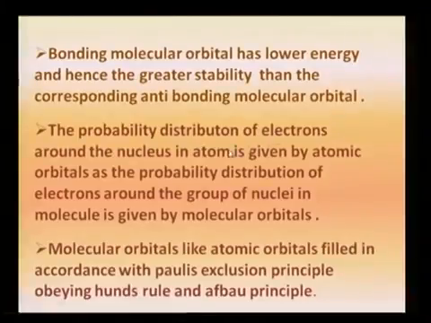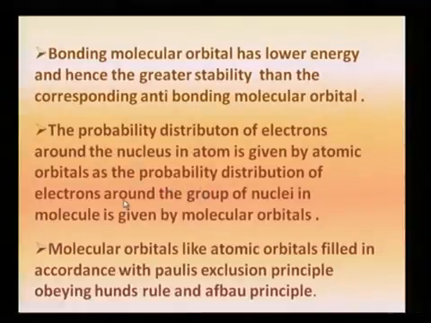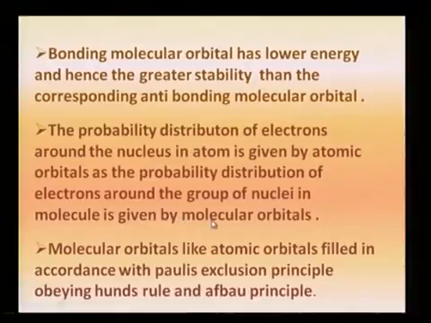The sixth salient feature of molecular orbital theory is that the probability distribution of electrons around the nucleus in an atom is given by atomic orbitals, as the probability distribution of electrons around the group of nuclei in a molecule is given by molecular orbitals. We already know where we find electrons.